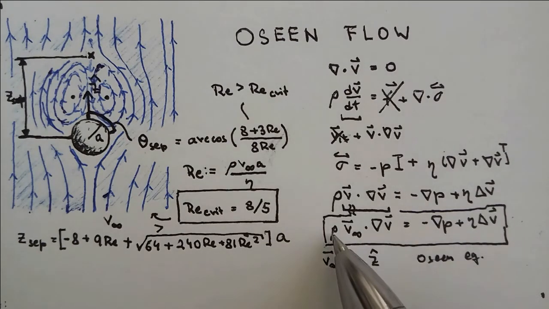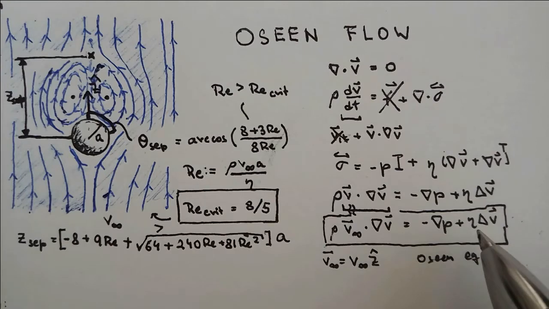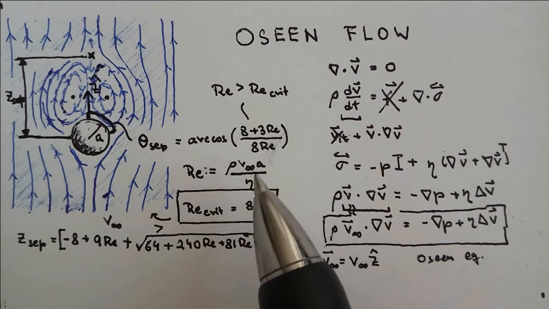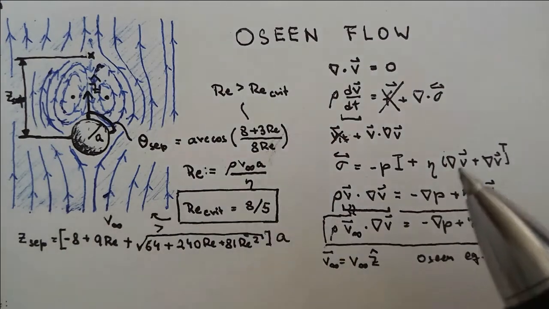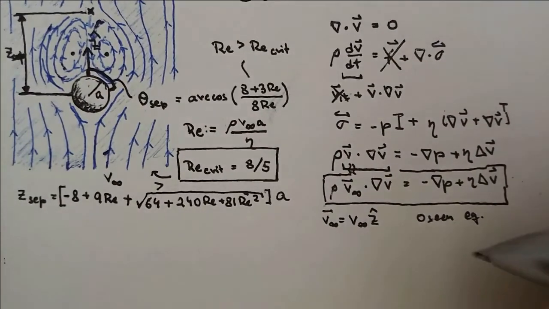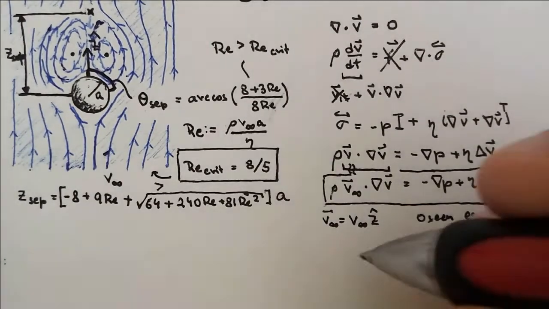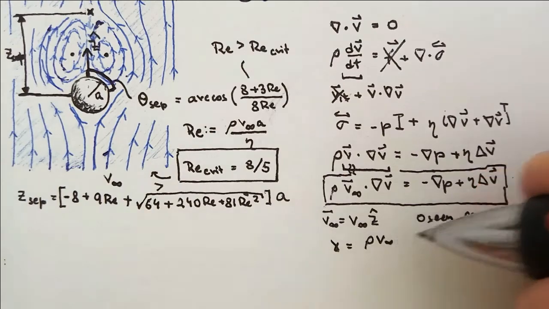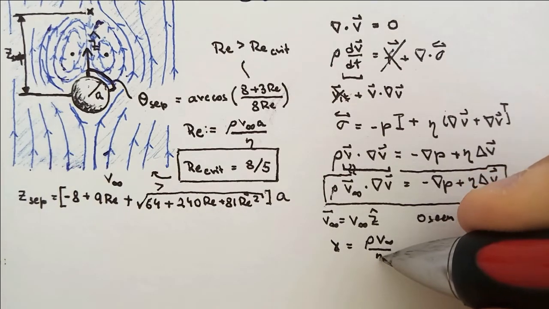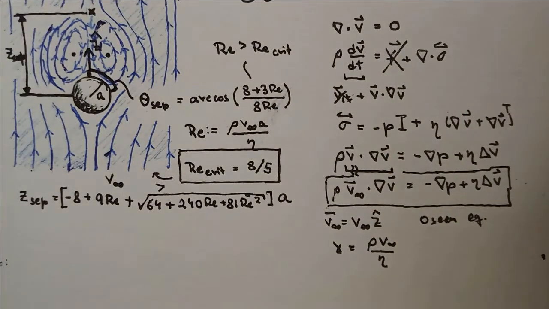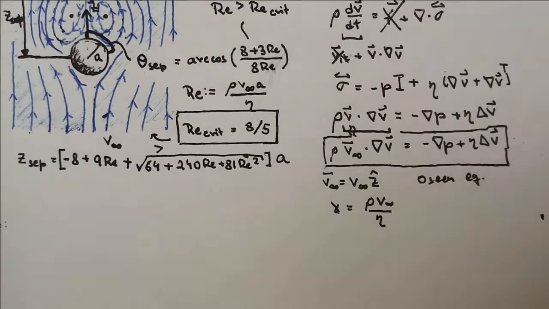and if we divide it by eta, we will get rho times v infinity divided by eta. That's exactly the Reynolds number divided by a, and we will write gamma for this. Gamma will be our density times v infinity over eta. Otherwise, it would be confusing to write rho, since rho is one coordinate from cylindrical coordinates.